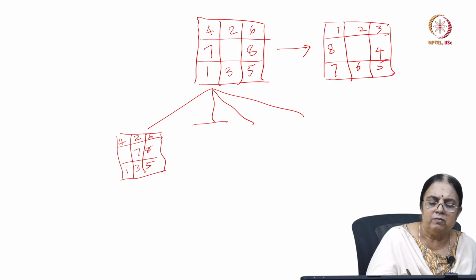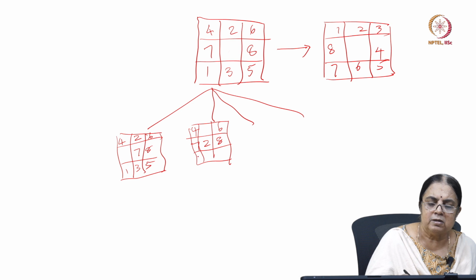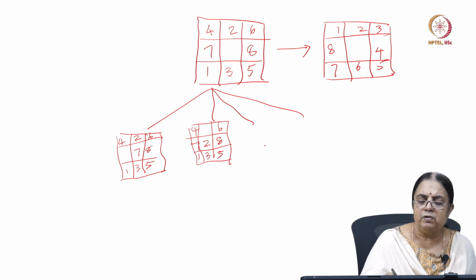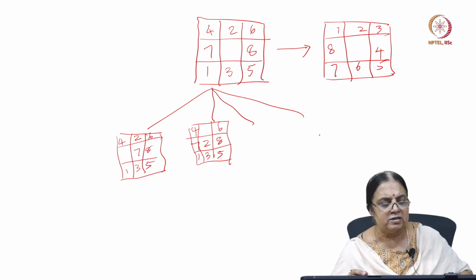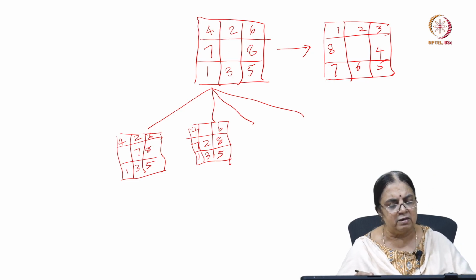And if you move the tile to the top, you are going to get 4, 6, 7, 2, 8, 1, 3, 5. In this way you will get a number of states, and from these states you can get other states.